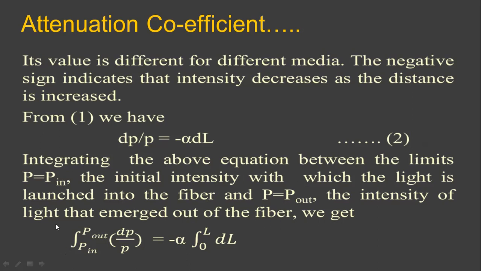So we are integrating equation 2. It becomes the integration from P in to P out of dP by P is equal to minus alpha into the integration from 0 to L of dL. Alpha is a constant, so that is why it is kept outside the integration sign.